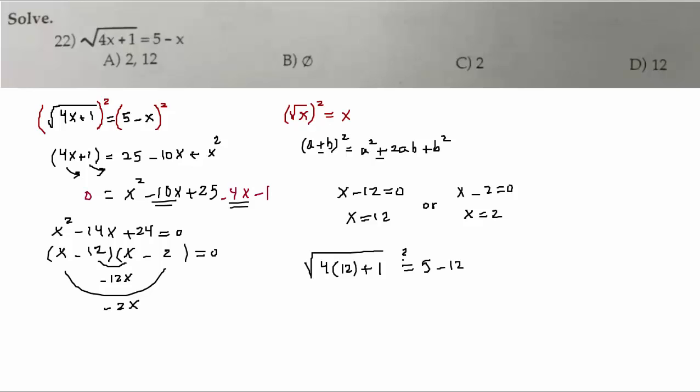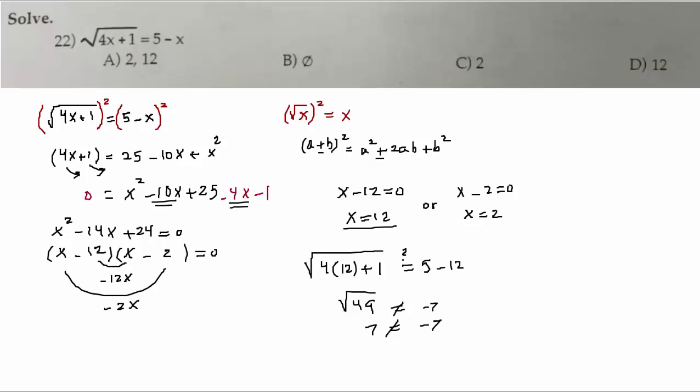So here we get 4 times 12 is 48, right? 48 plus 1 would be 49. Square root of 49 is equal to what? 49 would be 7, right? Do I get 7 on the right-hand side? You get 5 minus 12 is equal to minus 7, right? So we cannot pick 12 as the answer. 12 doesn't check out.